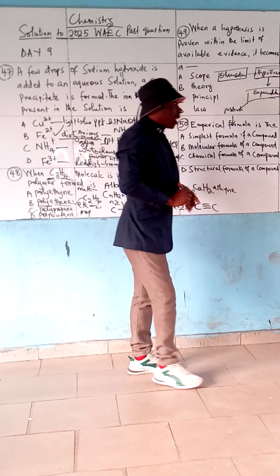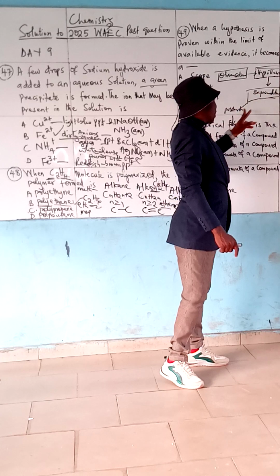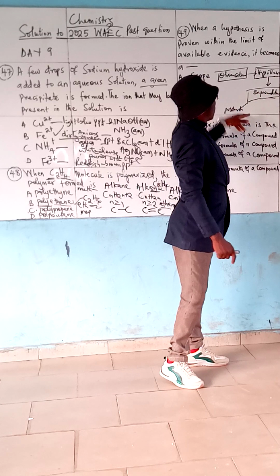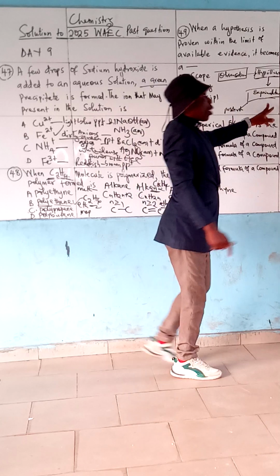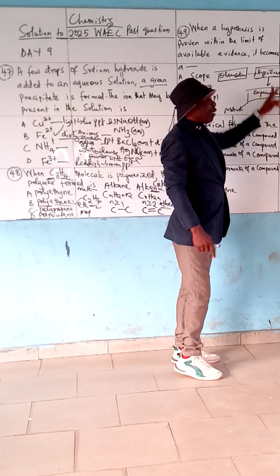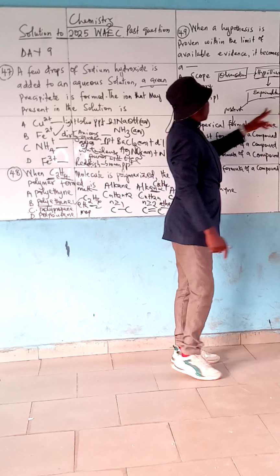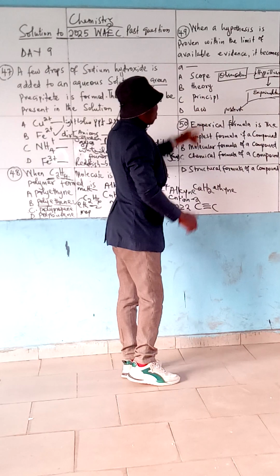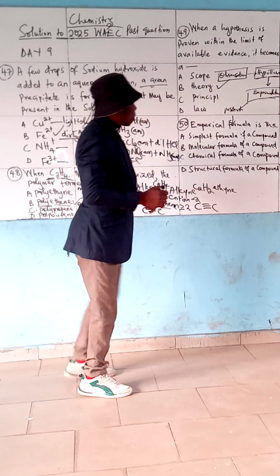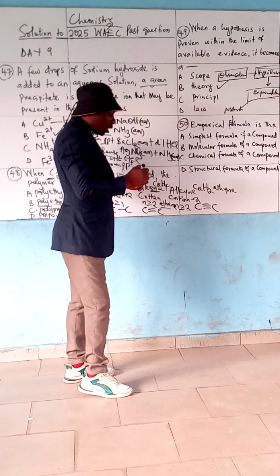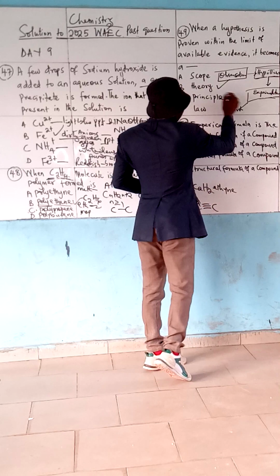So a statement that confirms the hypothesis after being tested and proven correct within the limit of available evidence is a theory. But a statement confirmed after extensive testing and proven true without any exception is a scientific law. So the correct option here is theory. Since it's still within the limit of available evidence, there is no extensive test yet.